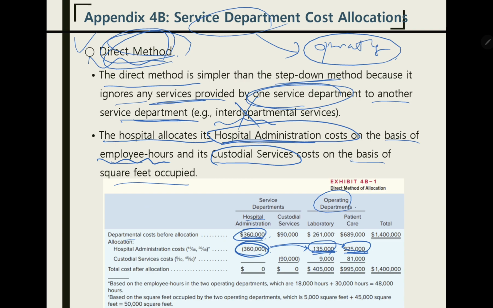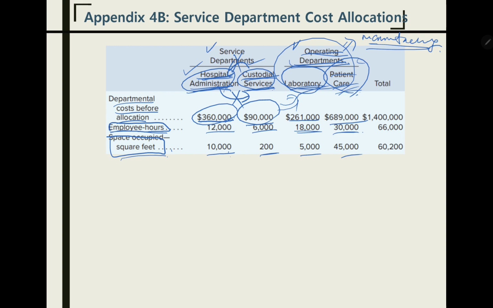How are these numbers calculated? 360,000 times what? Employee hours proportion.